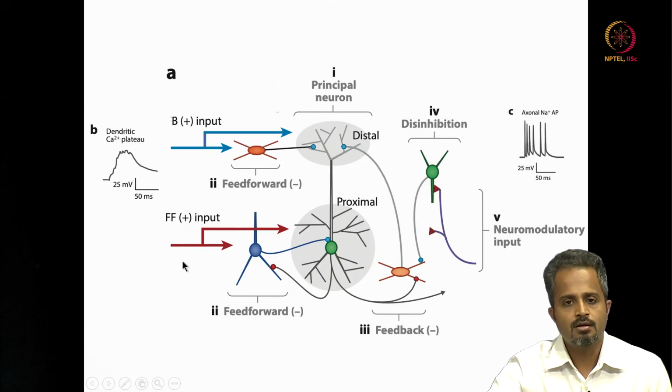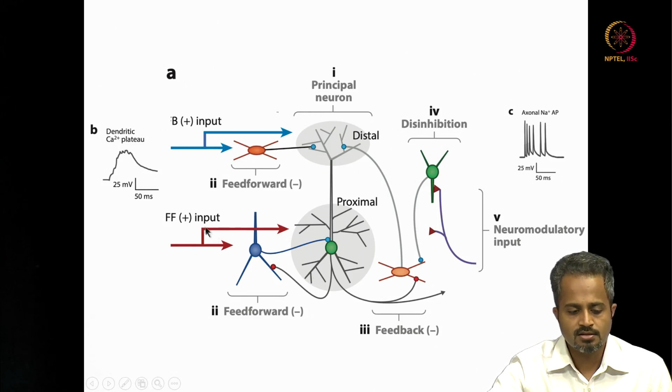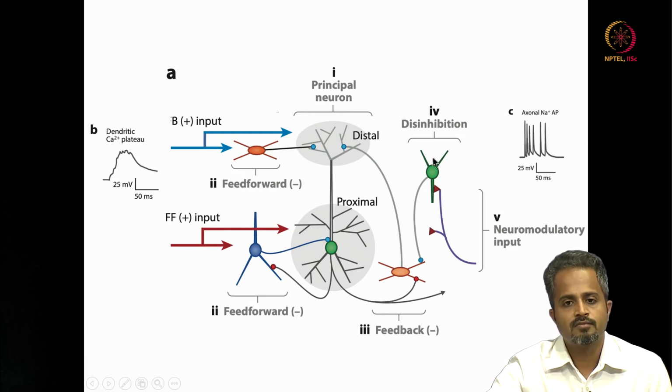To put it in simple words, if you look at a neuron, it has a feedback input and a feedforward input, and various structures which cause disinhibition of this primary neuron, which again sends a neuromodulatory input to the primary motor neuron. The best example would be the cerebellum and basal ganglia.